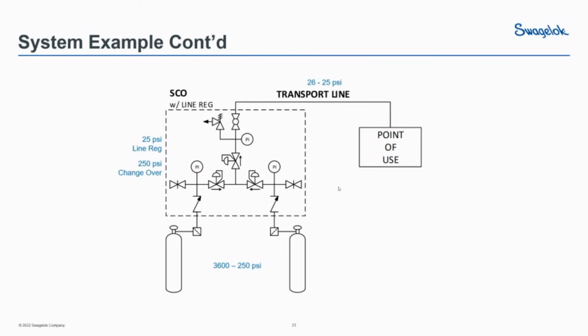So we have the same 3600 psi cylinder source, the same 250 psi changeover, and this time we set our line regulator to 25 psi on the outlet. Our transport line will vary by that same 25 to 26 psi that we saw on the outlet of the SPU in the previous panel. So our point of use is still happy.